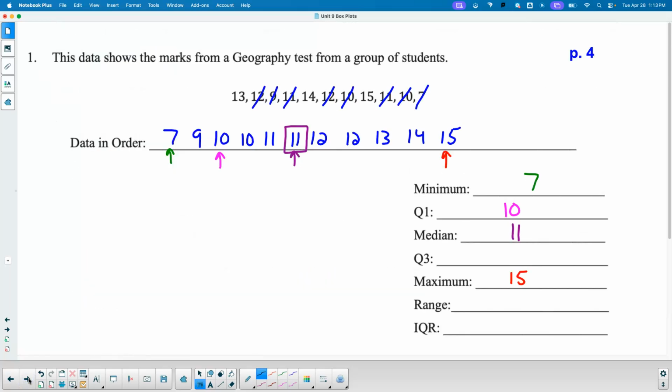So now I'm looking at the top half, 1, 2, and 3. The median of the top half would be 13. Okay.